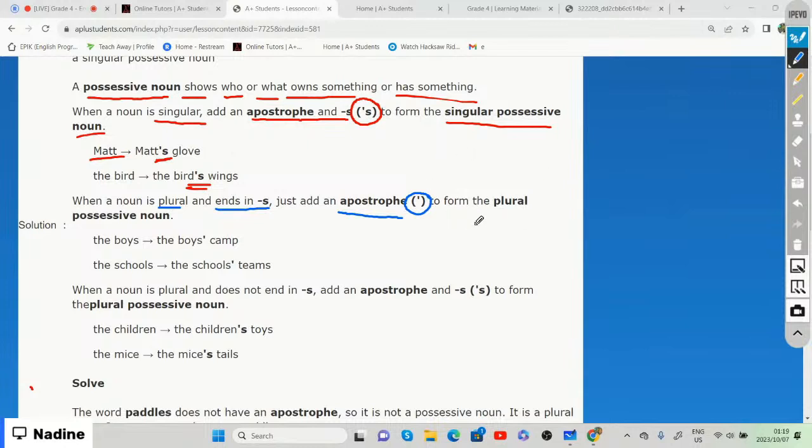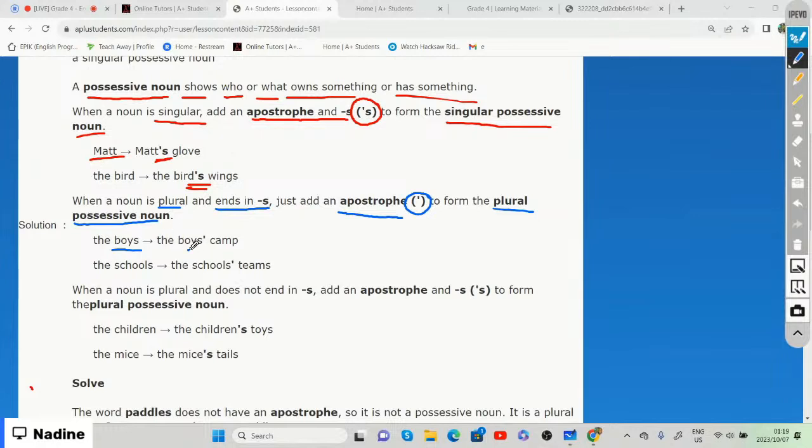So we only add an apostrophe to form the plural possessive noun. An example, right? The boys. We're referring to more than one boy. So if we want to talk about the camp that the boys went on, then we say the boys' camp.